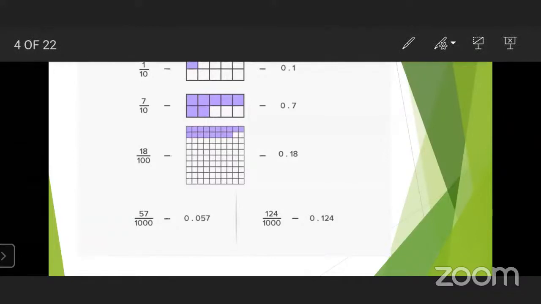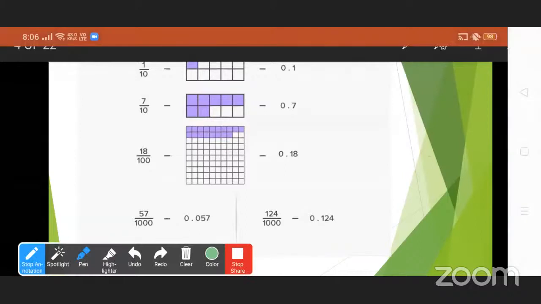And how many colored? 1. Only 1. And the decimal form of that fraction is, read this. This is the decimal form of 0.1. Okay, good.